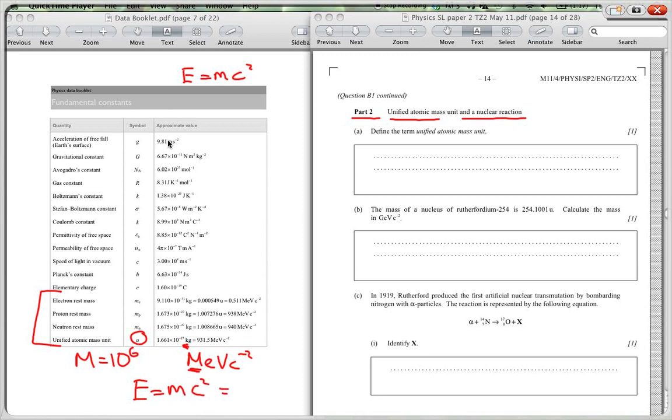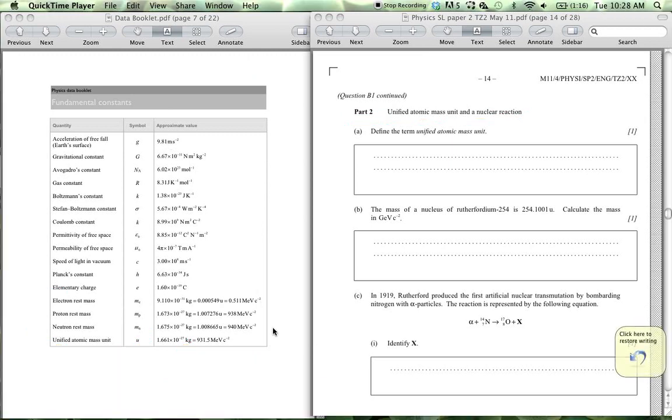So when I put in for my mass this unit eV c to the minus 2, and I multiply it by c squared, those cancel out, and we're left with an eV, which is an energy term. Remember, 1 eV is equal to 1.6 times 10 to the negative 19 joules. So you need to understand these units that you use.